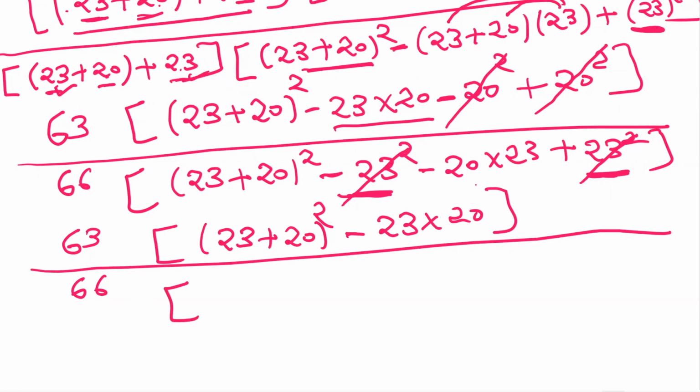In the denominator, I do have 23 plus 20 square, and then I do have 20 times 23. But 20 times 23, I can also write down as 23 times 20, isn't it? So I'm going to rewrite that as minus 23 times 20. I'm swapping because 5 times 6 is 30, 6 times 5 is also 30.